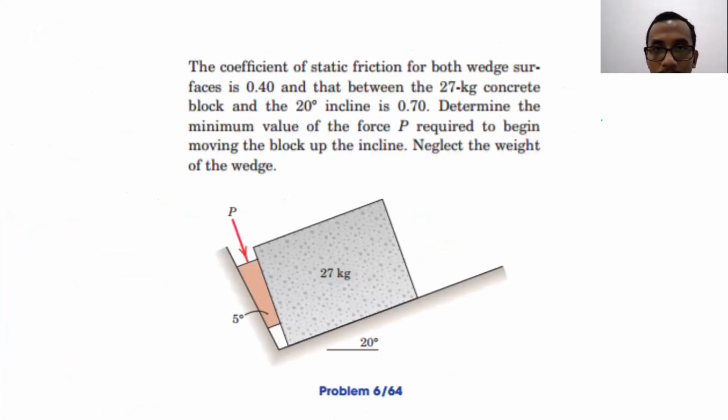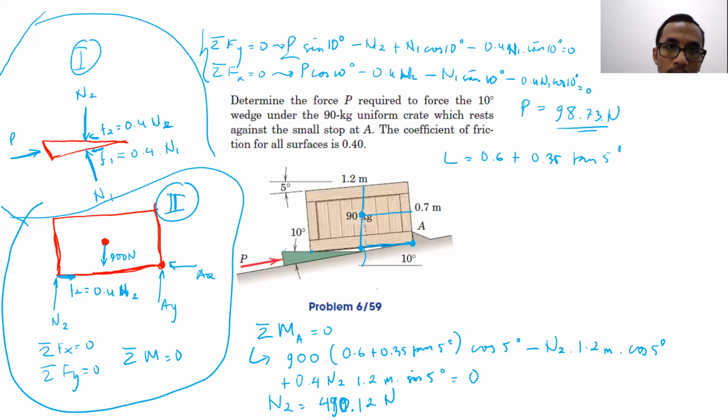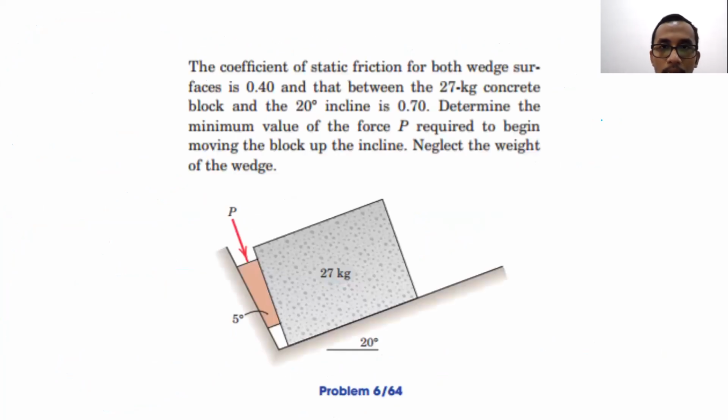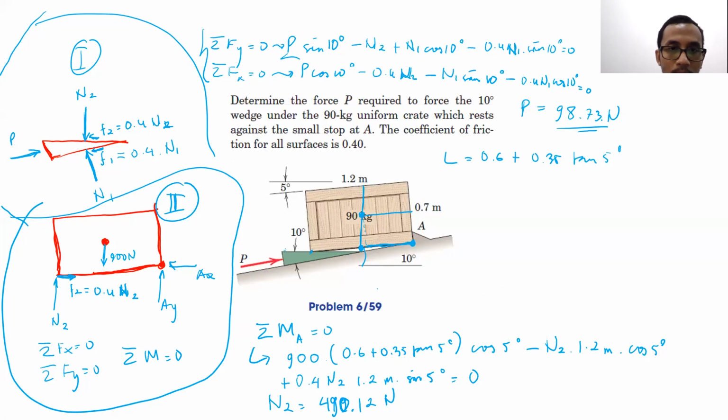You're welcome, sir. Okay, so there are several other problem examples there, but the way to solve them is quite close to that. You have to draw the free body diagram of each, the wedge itself and the mass itself. Normally, we solve for the mass first.